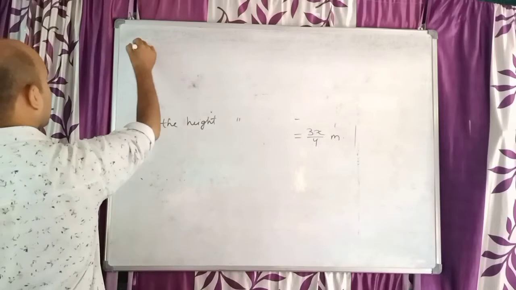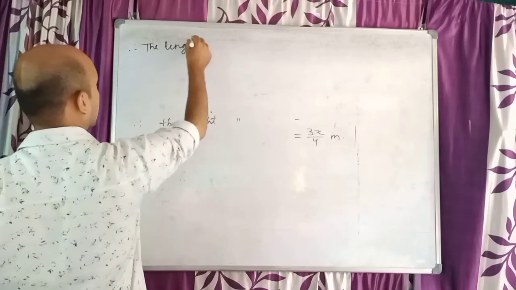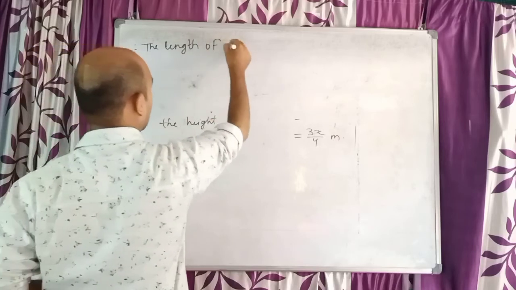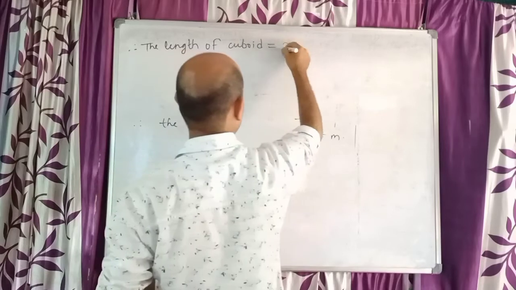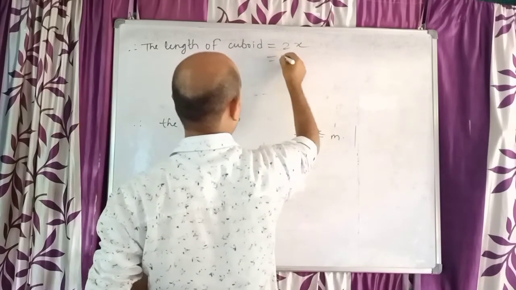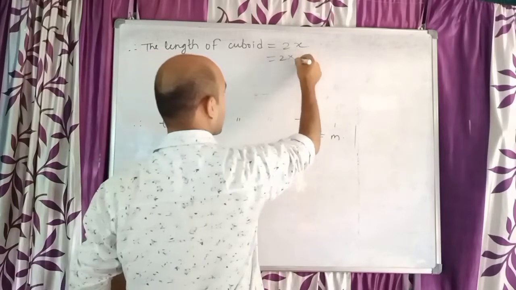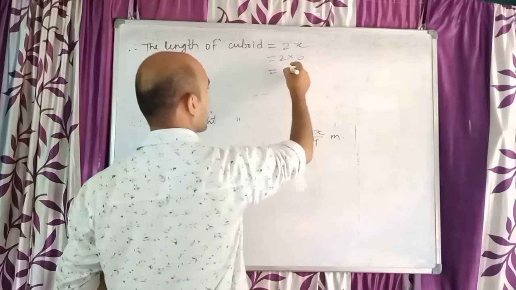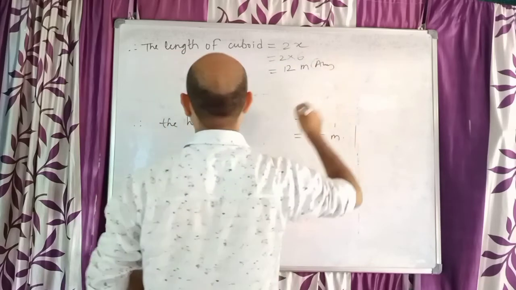Now I can write, therefore the length of the cuboid is equal to 2x. So I can write 2 into the value of x, that is 6. I have erased it, and 2 6s are 12 meter. This is our first answer.